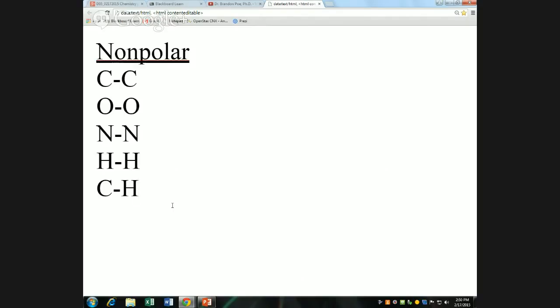The type of bond is a little bit more complex than what that suggests, but it still falls into the group represented here. We just saw hydrogen-hydrogen bonding in the picture that we were looking at a second ago, and then I just told you the carbon hydrogens are going to be nonpolar also.